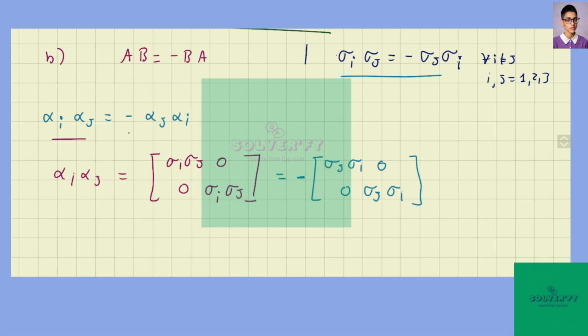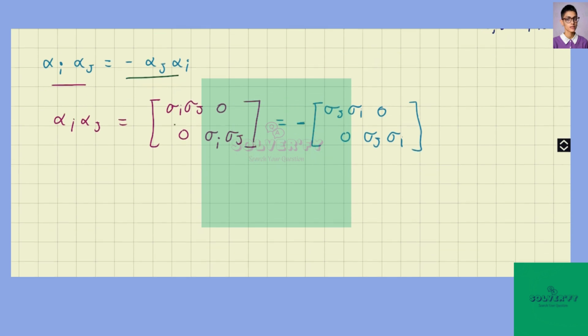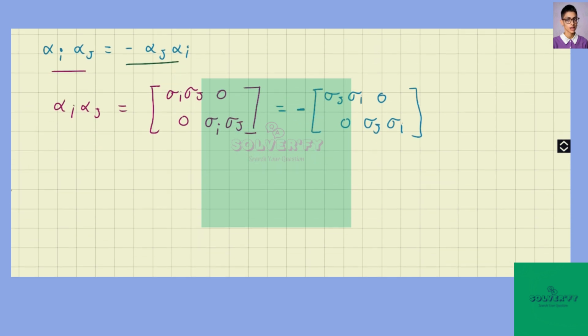And now let's take the right hand side of this equation. The right hand side is minus alpha j alpha i, which equals minus the matrix sigma j sigma i, 0, 0, sigma j sigma i. You can see that these two matrices are the same.